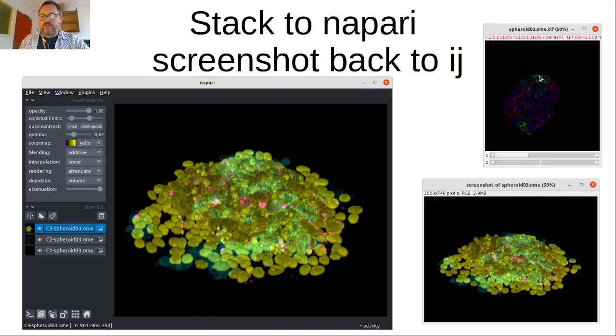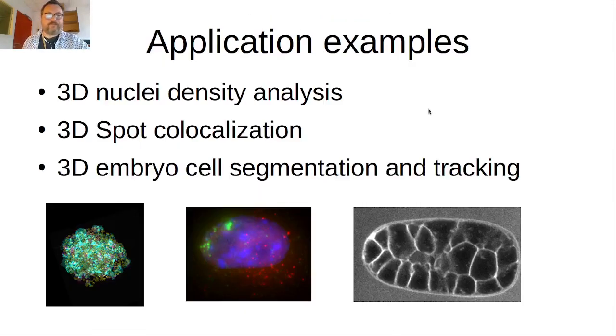We have an image in FIJI. We got it over with the Get Image button to Napari, and we sent a screenshot back to ImageJ. I'm now going to show you 3 little application examples in which we use this combination of FIJI and Napari. First is about 3D nuclei density analysis.